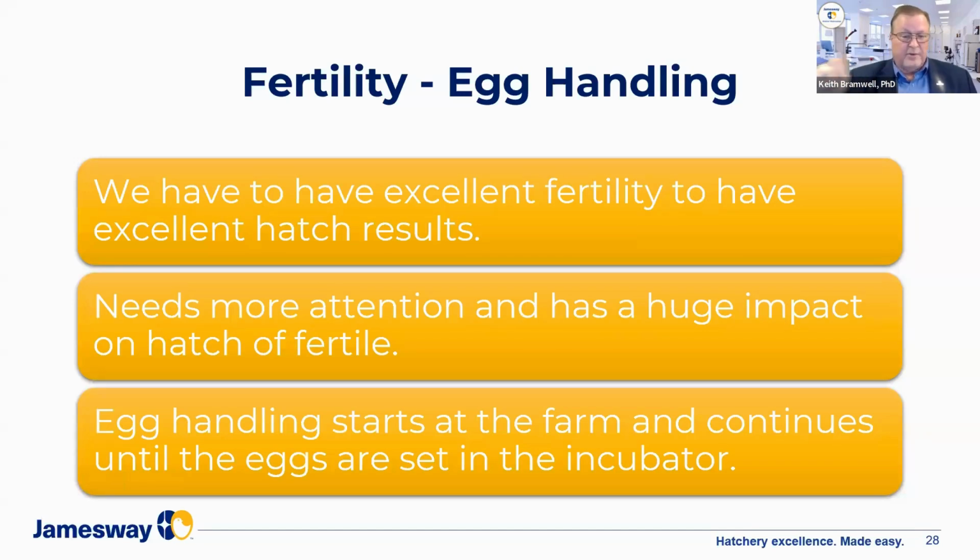In some places, they take them directly to the hatchery that same day, but essentially anything that happens from the farm until the eggs are set in the incubator, we call egg handling. So that's temperature, humidity, and the roughness, if there is any, with which they are handled. We see some places with really rough roads coming into facilities, and that is going to have an effect on our embryo livability and our hatchability. So all that we consider egg handling.